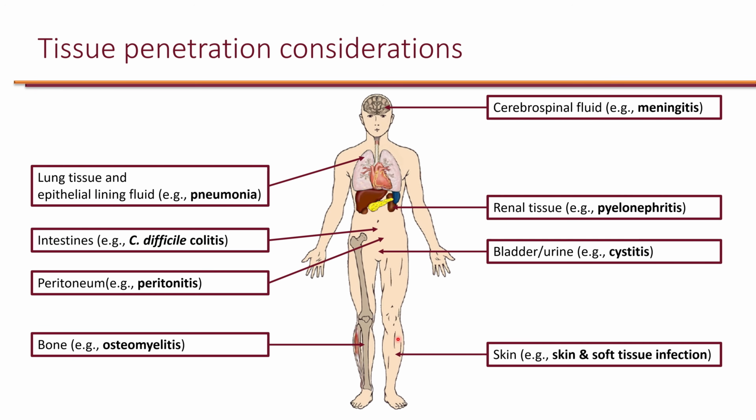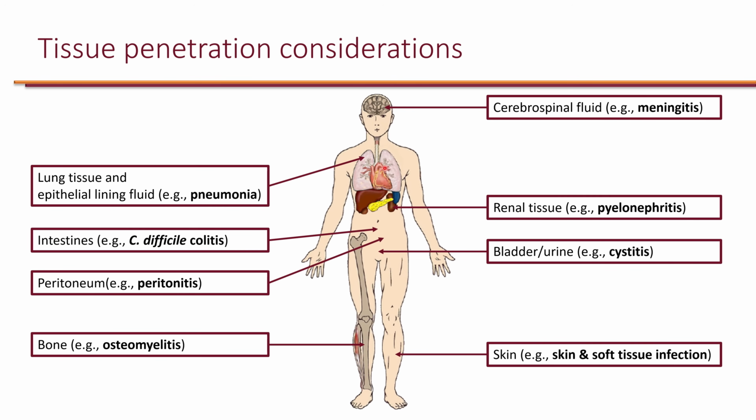So for skin and soft tissue infection, you want to make sure it penetrates the skin. For bone infections, which we call osteomyelitis, you want to make sure you get bone penetration. For peritonitis, which is in the peritoneal space, you want to make sure that the drug penetrates that area.